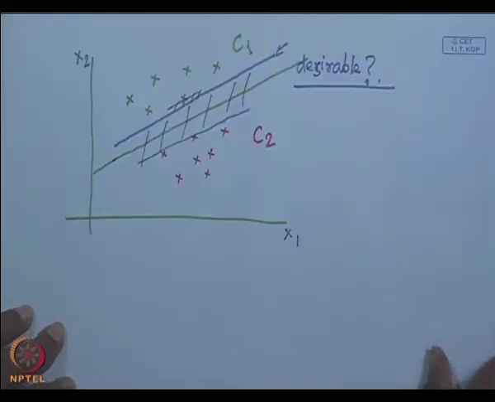The way the support vector machine tries to design the classifier is that it tries to maximize the distance of the separating plane from each of the feature vectors, whether the feature vector belongs to class C1 or to class C2. And when I talk about the support vectors, I will come to that point a bit later.